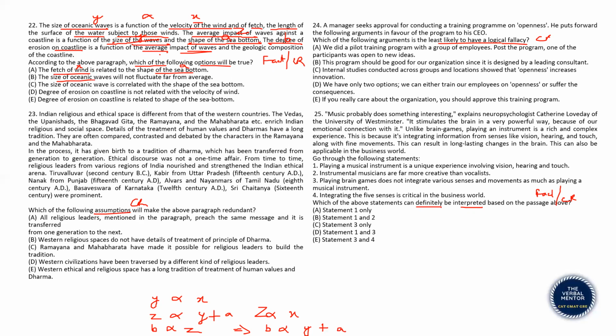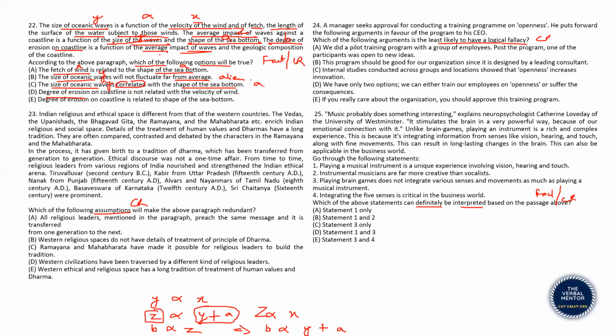Size of the oceanic waves, which is y, will not fluctuate far from average. Alien idea. We don't know that. Size of oceanic wave y is correlated with the shape of the sea bottom. Shape of the sea bottom was a. So they are not correlated. In fact, they together are correlated with z, another variable.